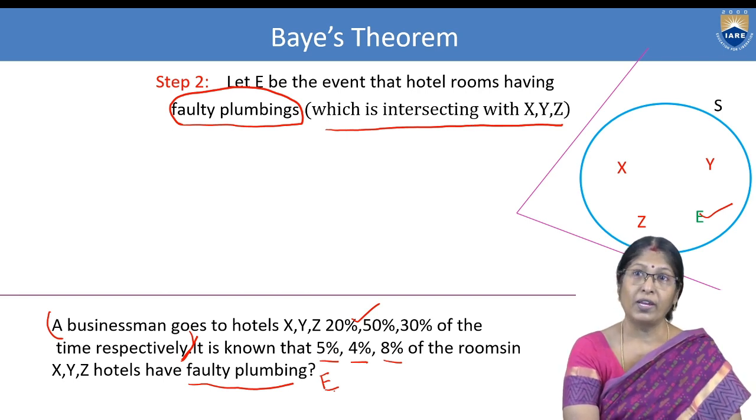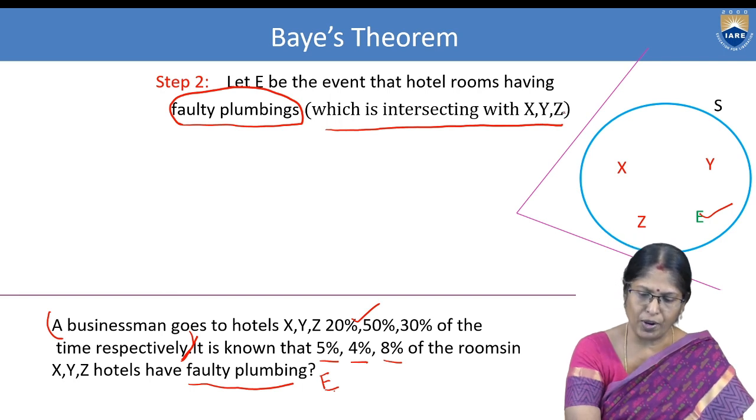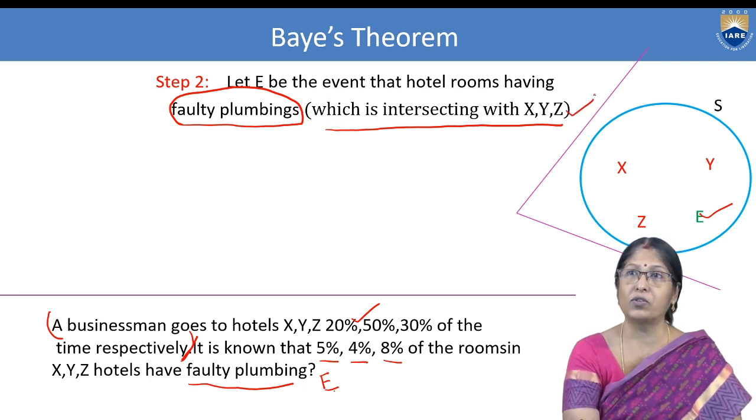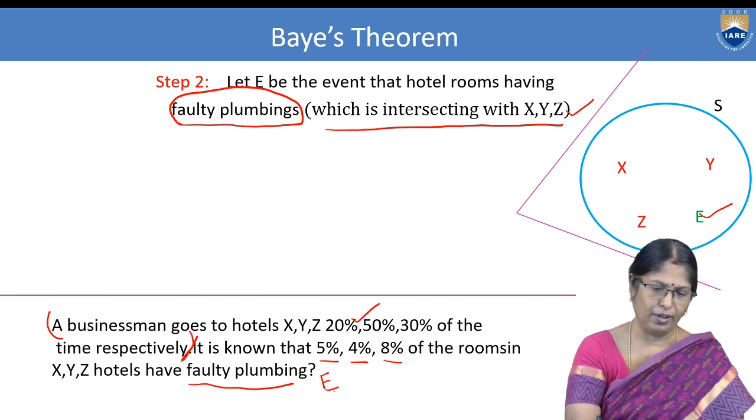The problem does not come under Bayes. So step 2 is very, very important. When we are able to write this notation within the bracket, then we are going on a correct path. We can move the problem forward. Clear? Yeah, next.